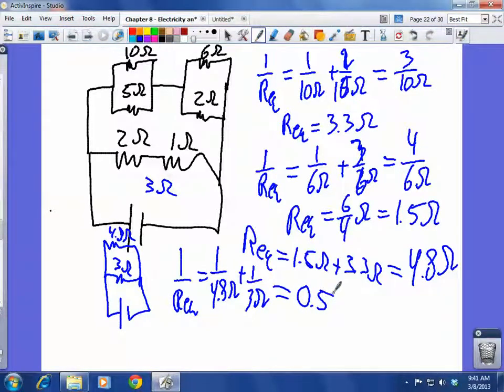But now we're saying 0.5 is equal to 1 over our equivalent. So we basically need to take 1 over 0.5. So our equivalent is just going to be 1 over 0.5, which is going to be around 2 ohms.